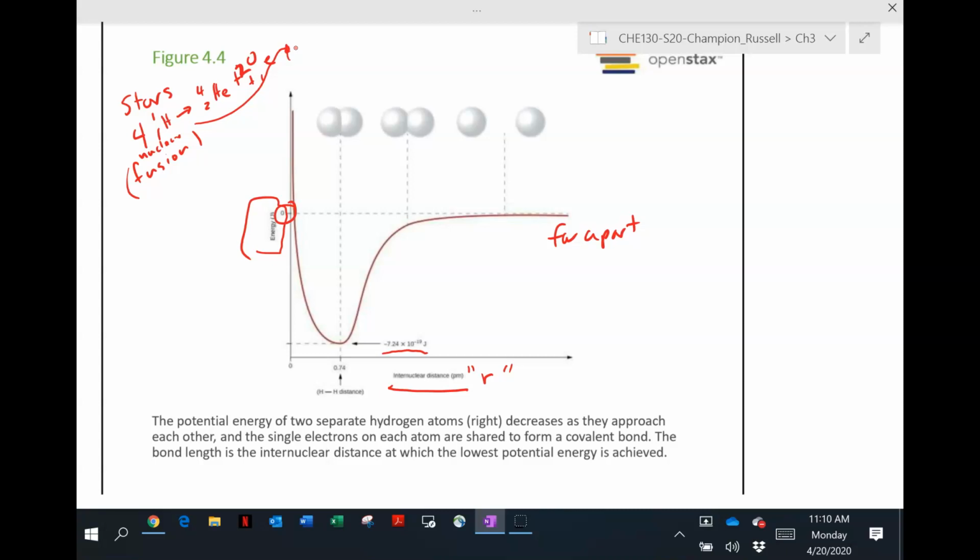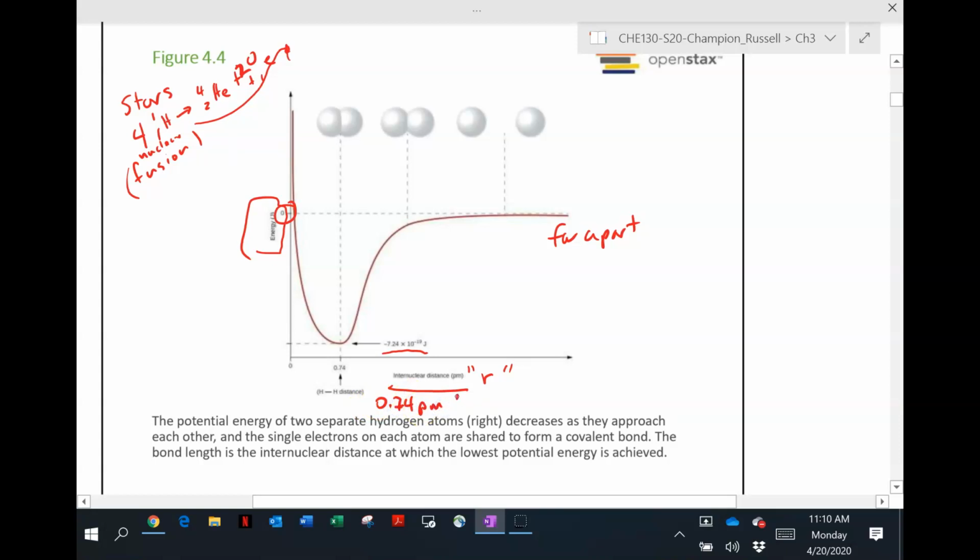Let's go back to chemistry now, and let's talk about the bottom of this curve. This bottom point of this curve is the most stable length for a hydrogen bond. It's 0.74 picometers, right?